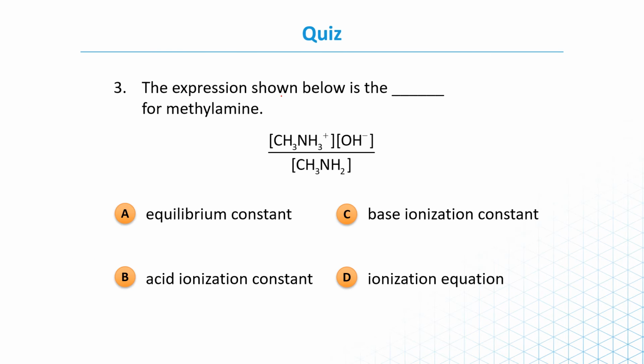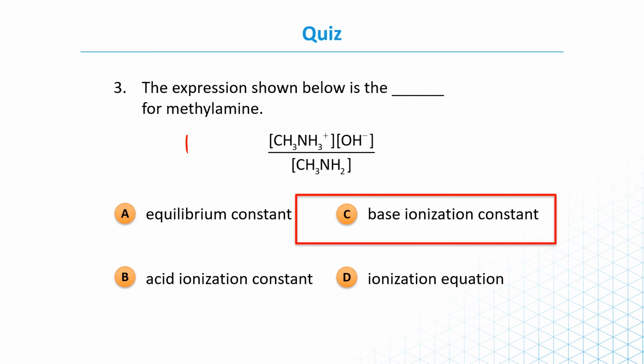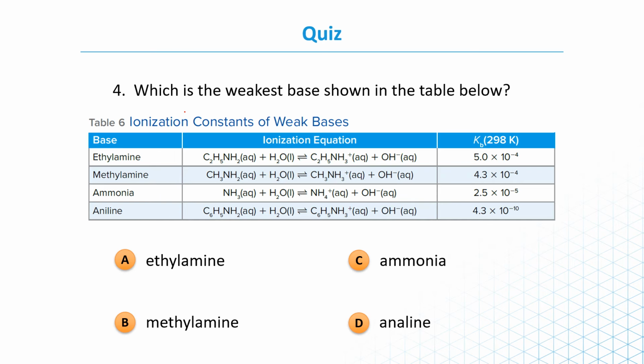So the expression shown below is the base ionization constant. So it's Kb, right? For this base. So this is the base, this is methylamine. Which is the weakest base shown in the table? So the weakest base, guys, means the lowest Kb.